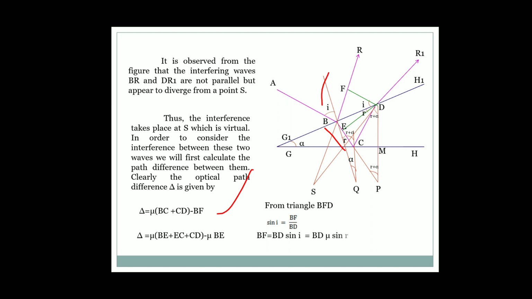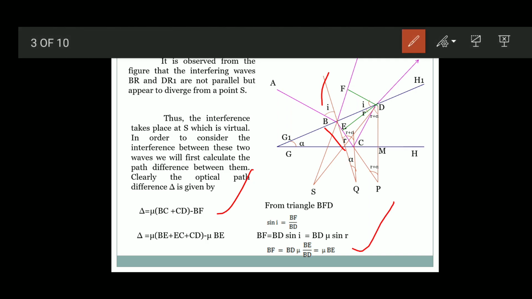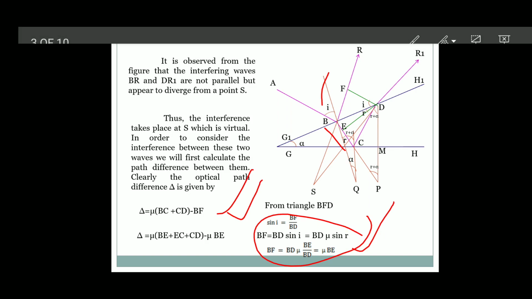But according to Snell's law, sin i is equal to mu sin r, and from the diagram, sin r is equal to BE by BD. So from this, BF is equal to mu BE. When we substitute this value, the path difference delta is equal to mu into BE plus EC plus CD minus BE.